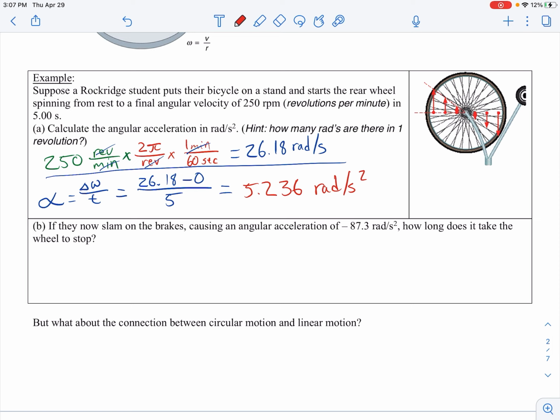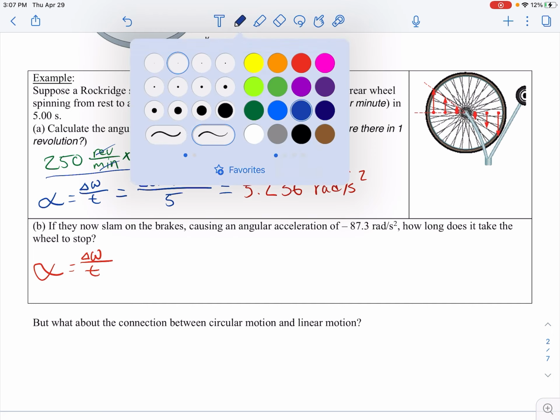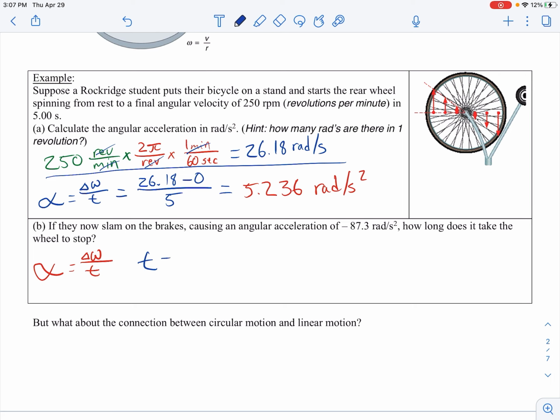All right, part B: if they slam on the brakes, causing an angular acceleration of negative 87.3 rads per second squared, how long does it take for the wheel to stop? Again, in this case, same formula. We are solving for time, so you want to isolate time because that is our goal here. And that's simply going to be velocity over angular acceleration.